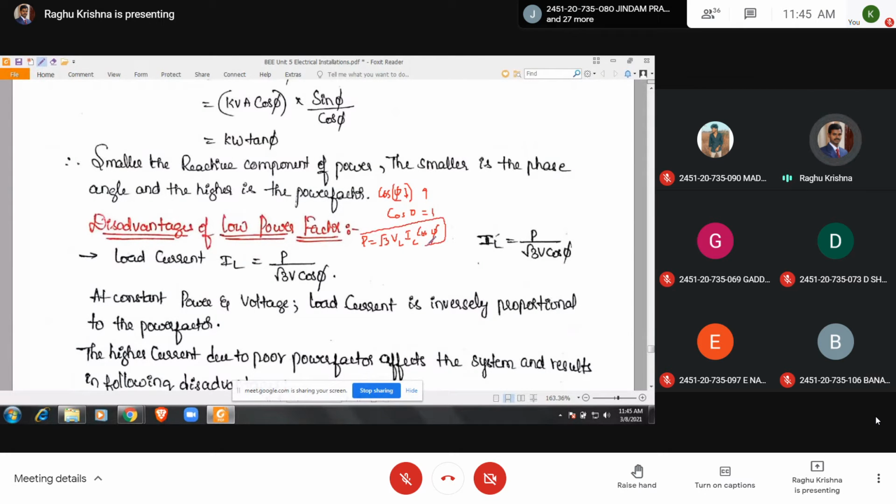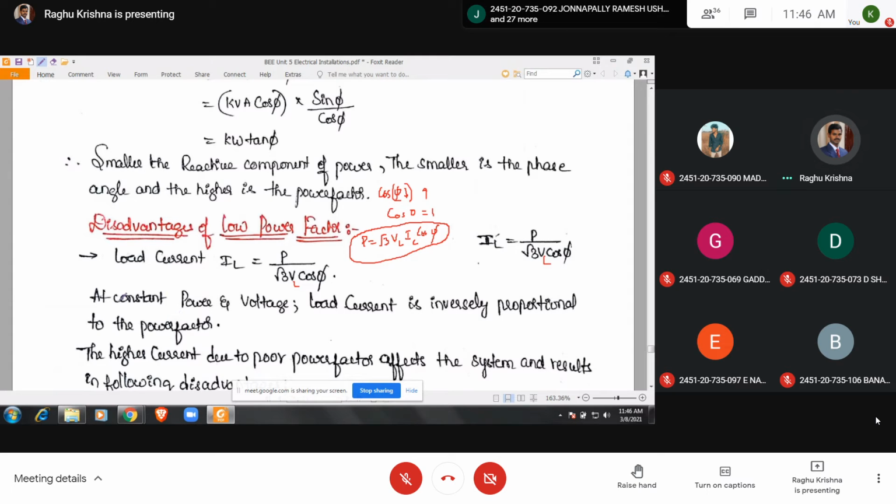You know this, right? From this you can write IL equal to P by root 3 VL cos phi. So the load current equals P by root 3 VL cos phi.